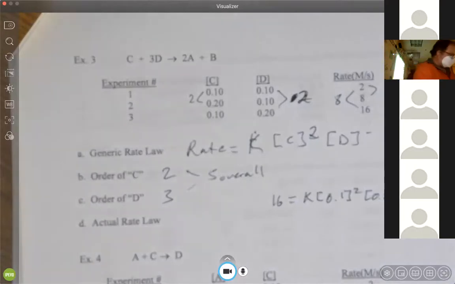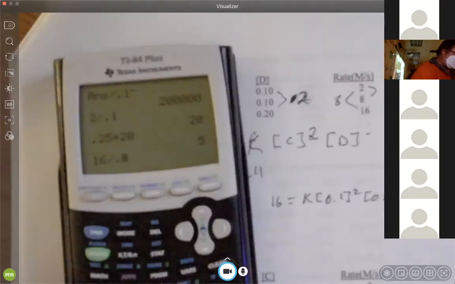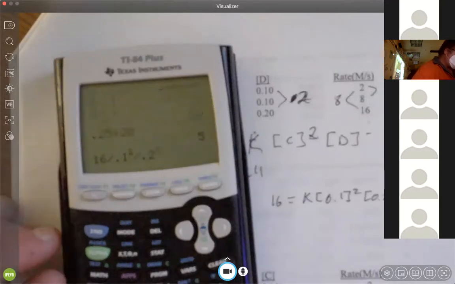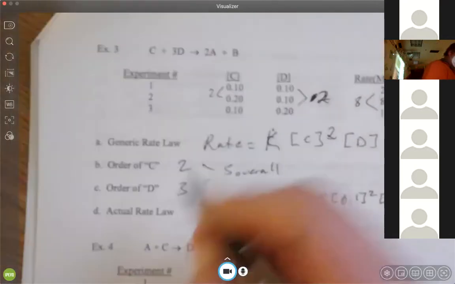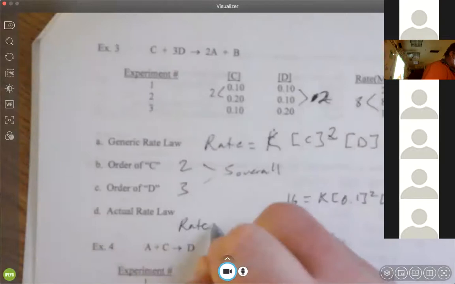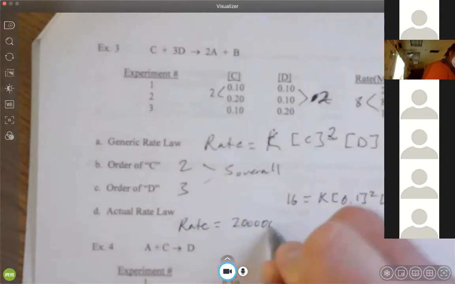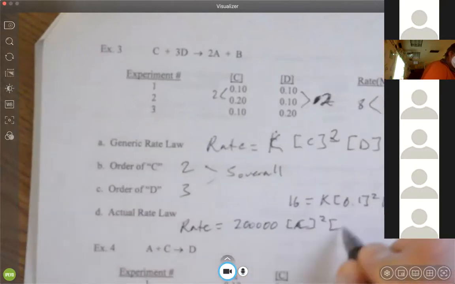So 16 divided by 0.1 squared divided by 0.2 cubed. So that's 200,000. So rate equals 200,000 times concentration of C squared D cubed.